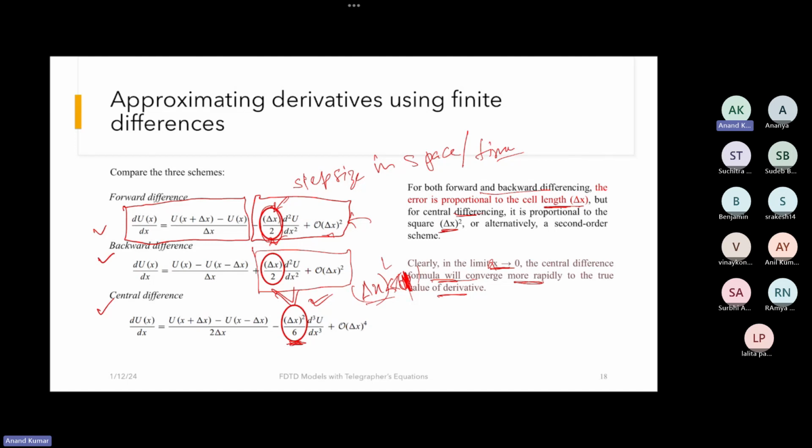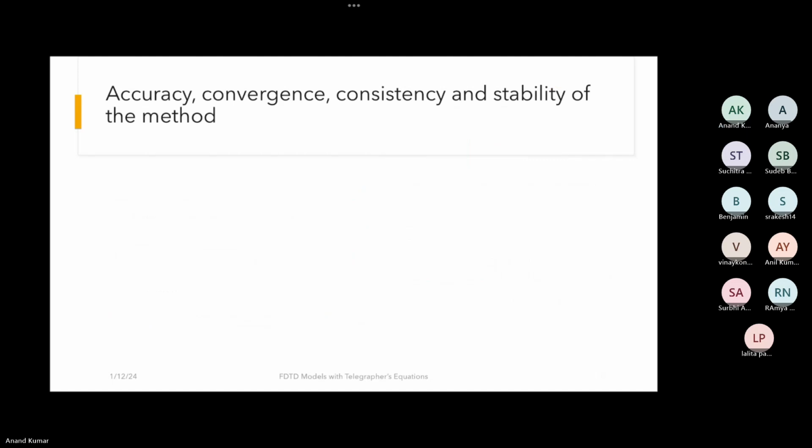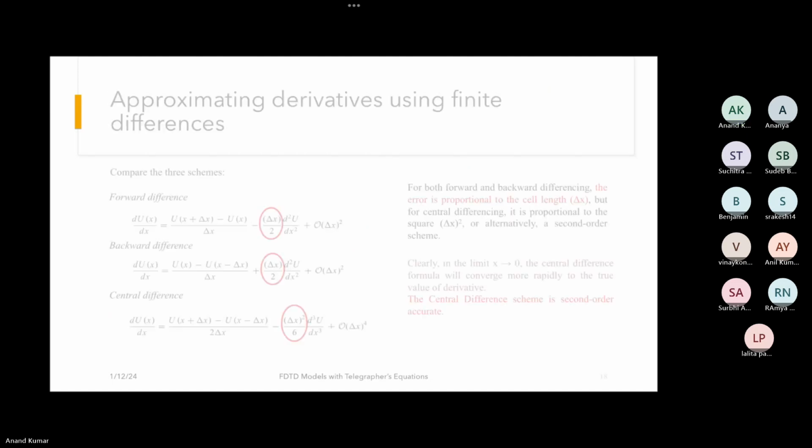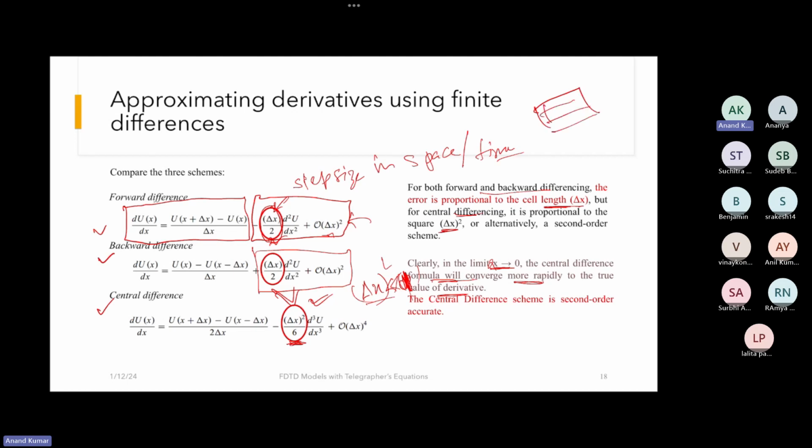So when we talk about creating a mesh, each mesh has this delta x length, and if you use finer mesh, your central difference scheme will be more accurate as compared to the forward and backward difference scheme, because if you use finer meshes, the error which will be much smaller is for the central difference scheme.